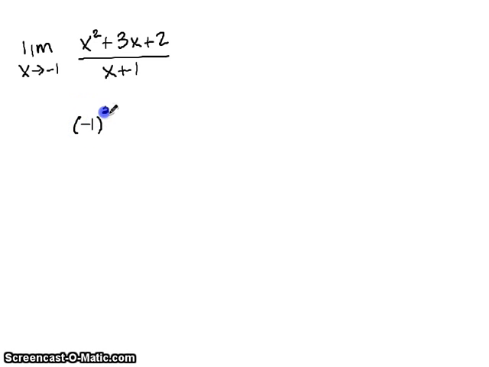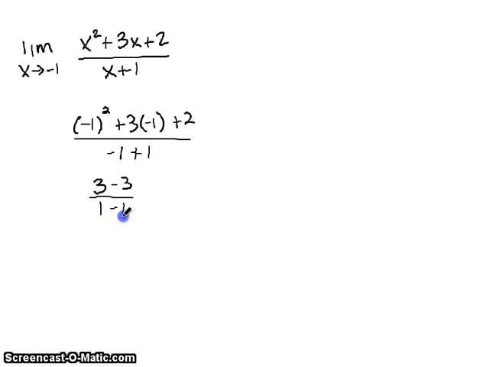We get negative 1 squared plus 3 times negative 1 plus 2 over negative 1 plus 1, which is 0 over 0. So we have an indeterminate form. 0 over 0 doesn't mean our limit does not exist, it means our limit does exist. We just have to manipulate what we have in order to find the limit.